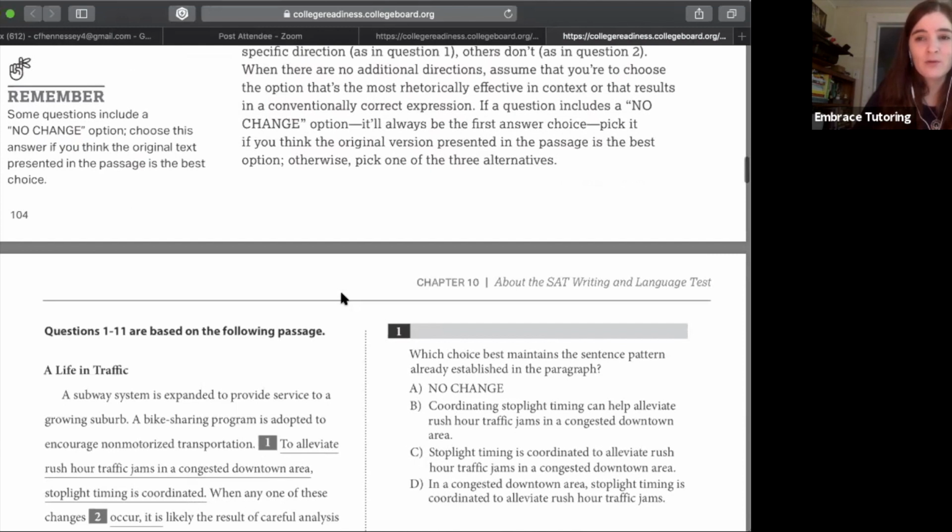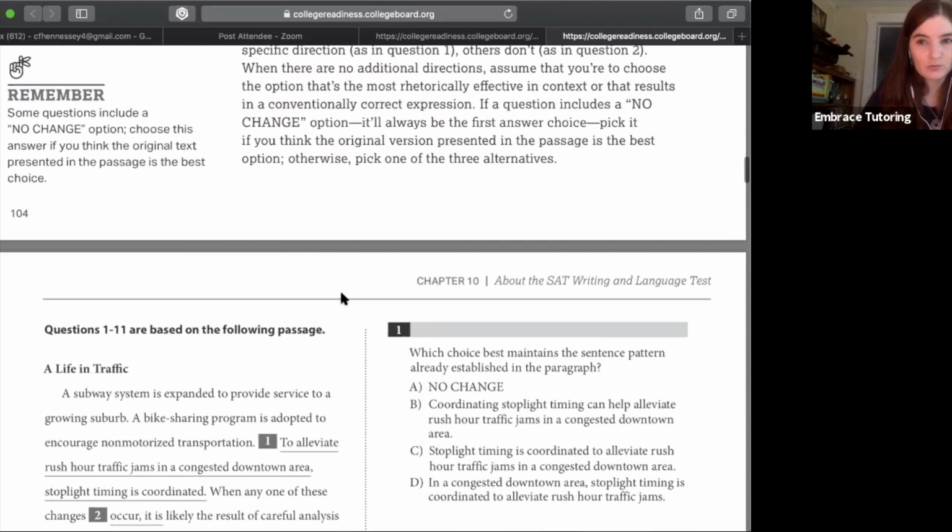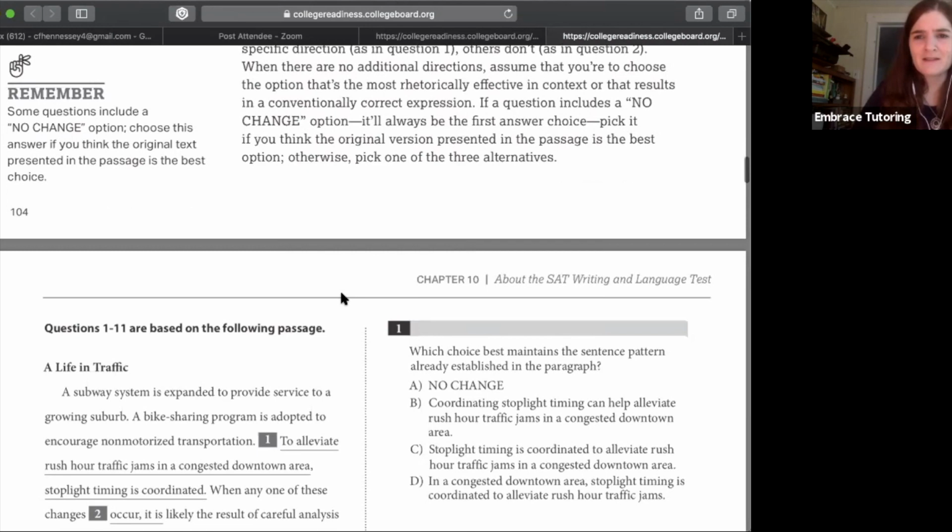When in doubt, go with what sounds the best or makes the most sense to you, because chances are the majority of you are native speakers of English. So chances are your instincts when it comes to language are better than if you were to truly ask, do I use a semicolon here, do I not, does this make sense, is there a pause here or not, like with a comma.